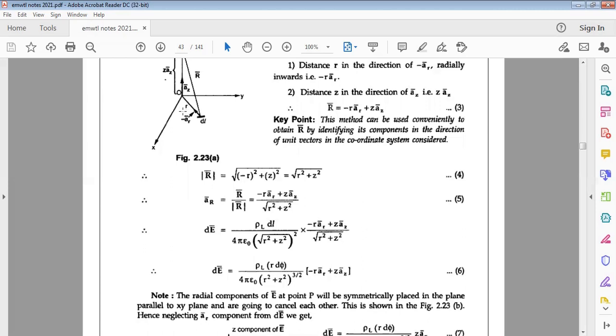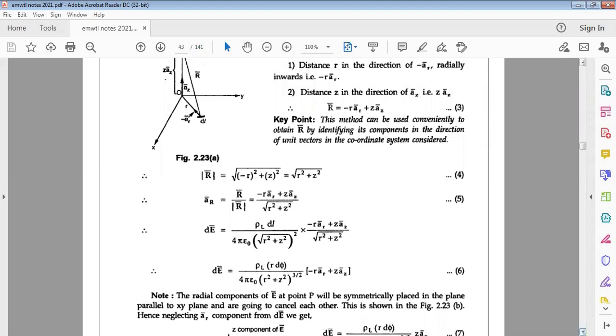That is, a differential element is d phi with R. So rho L into R into d phi by 4 pi epsilon naught R square plus Z square. Here it is R square plus Z square, and here it is under root of R square plus Z square, totally R square plus Z square whole power 3 by 2. Got it, my dear students? And it is multiplied with minus R aR bar plus Z aZ bar.